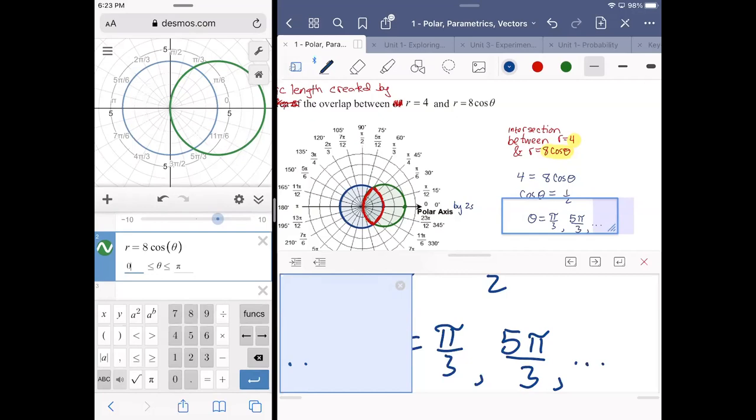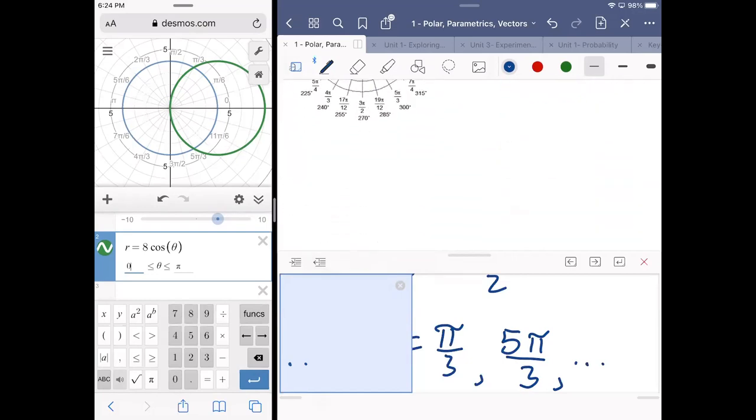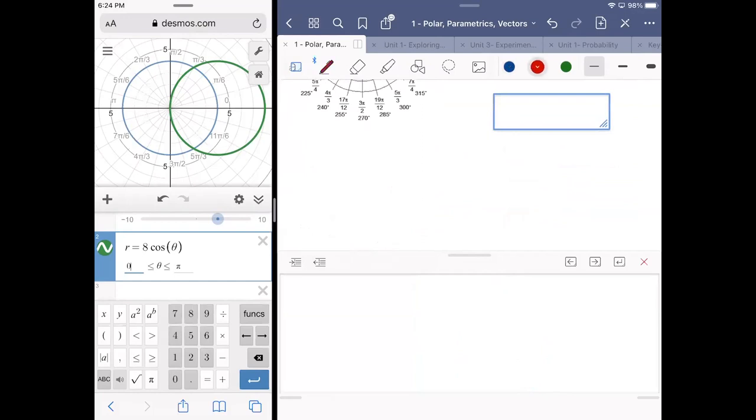But if I look at r equals 4, I'll just jot this down here. So plot r equals 4 from, and it's a question of where to where. So I can go from 0 to pi over 3.